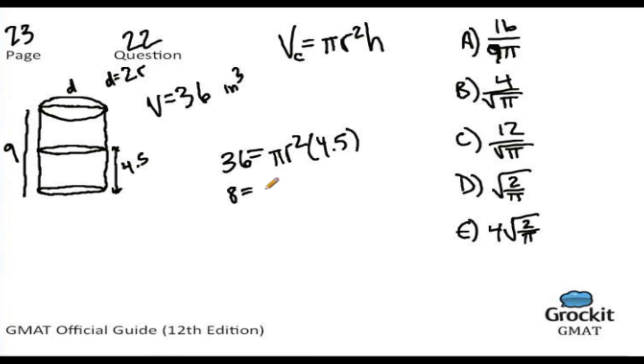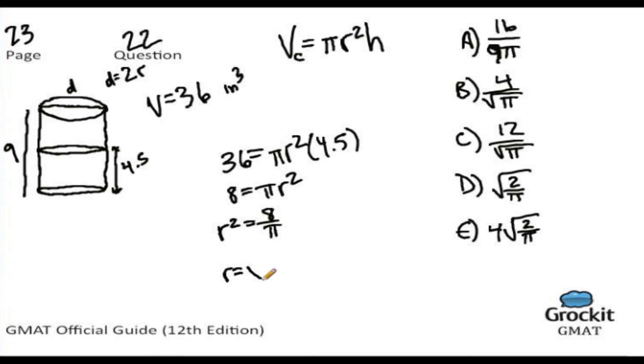So 8 equals pi times that radius squared. We can divide both sides by pi, again because we're trying to isolate the radius, because whatever the radius is, twice that is going to be the diameter, and that's the number we're after. So r squared equals 8 over pi. We need to take the square root of both sides to get r on its own.